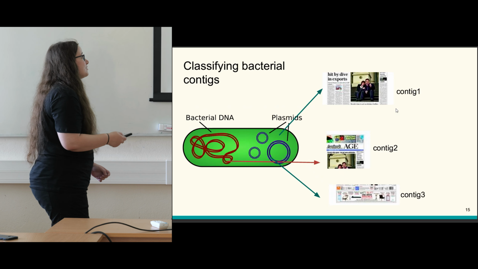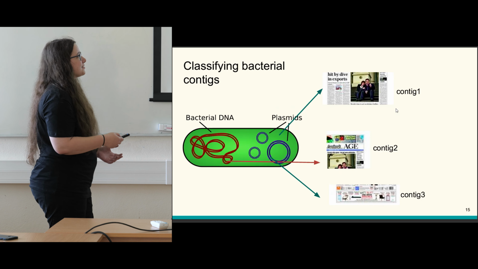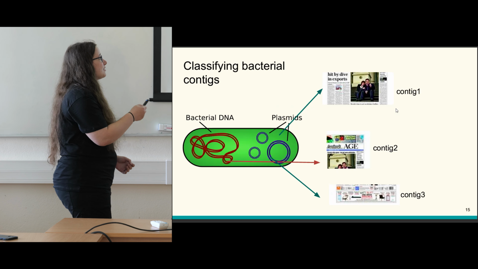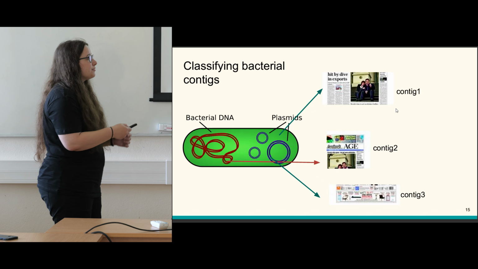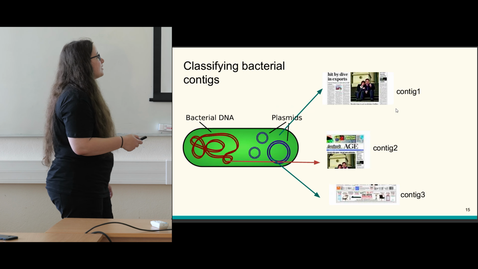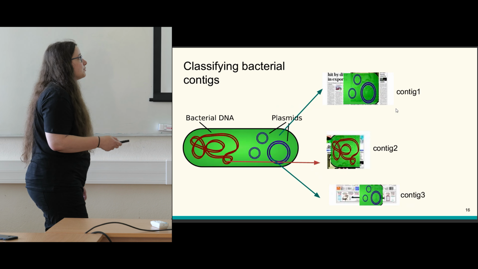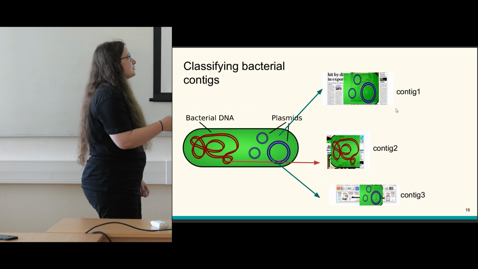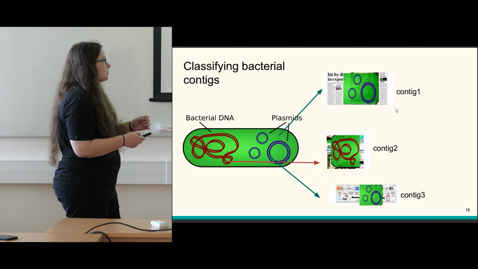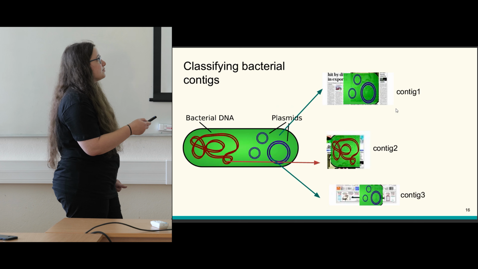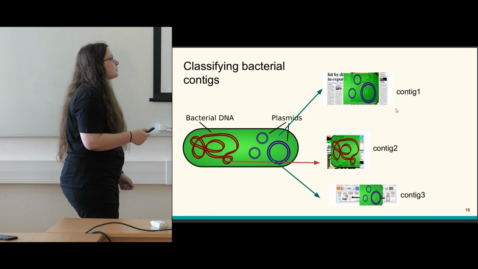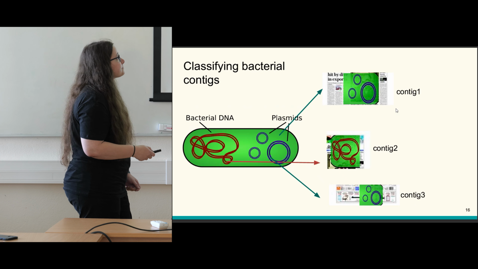And what we can do is ignore the fact that they are mixed together and somehow assemble the contigs from all the data we have. Then another task we have, and this is a very different and challenging task, is to label the contigs based on whether they originate from plasmids or whether they originate from chromosomal DNA.